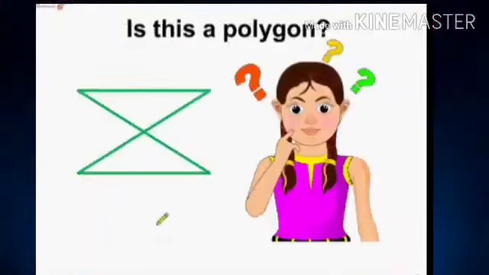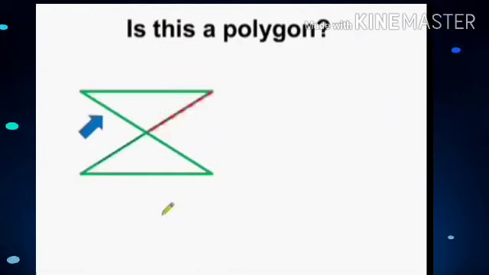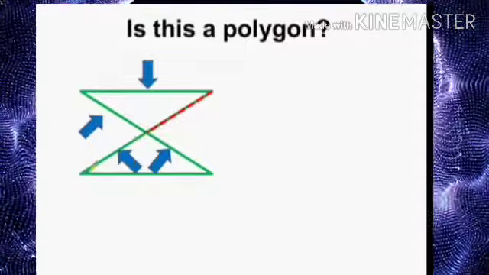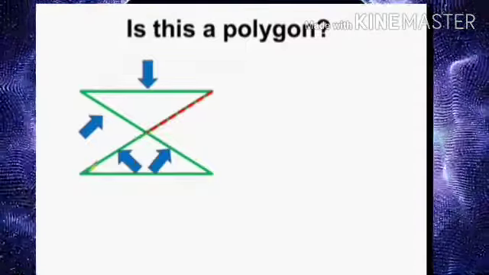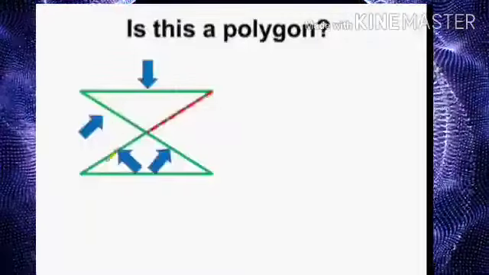Is this a polygon? Remember the points which you have to check. It is a closed figure made of line segments only. What is the third property? That a line segment should intersect exactly two other line segments. But here, one line segment is intersecting four line segments.